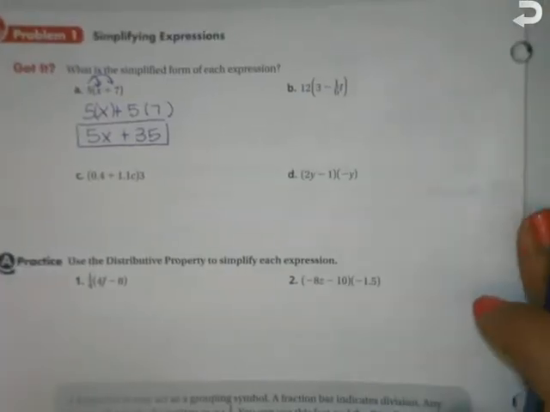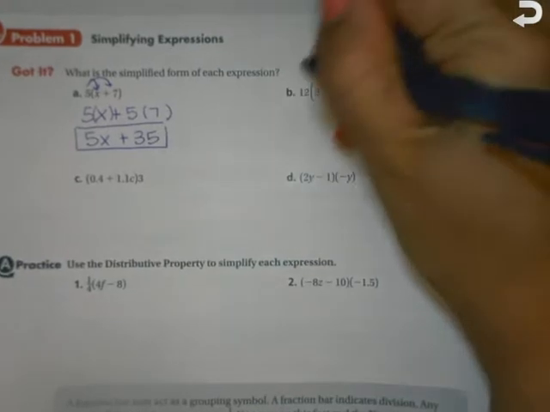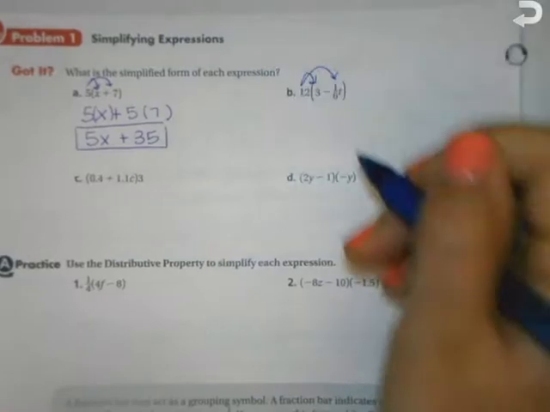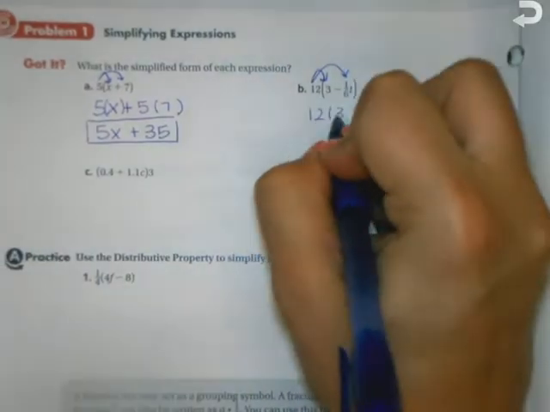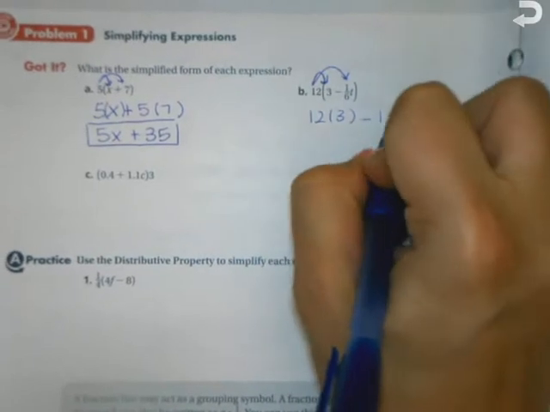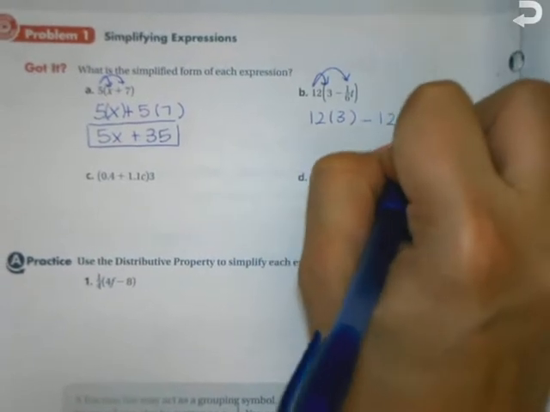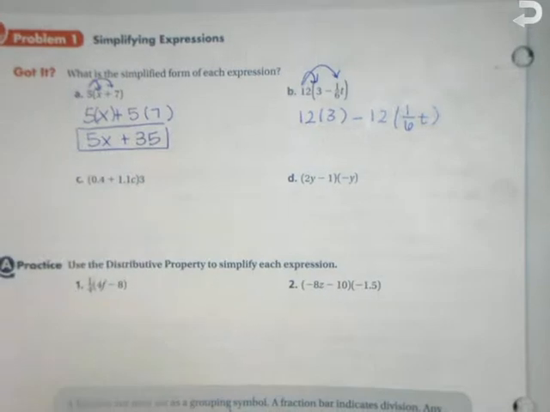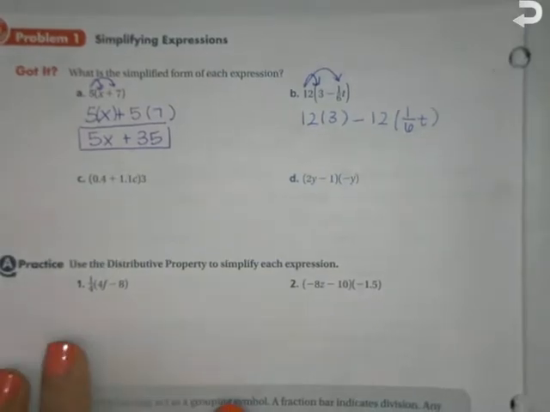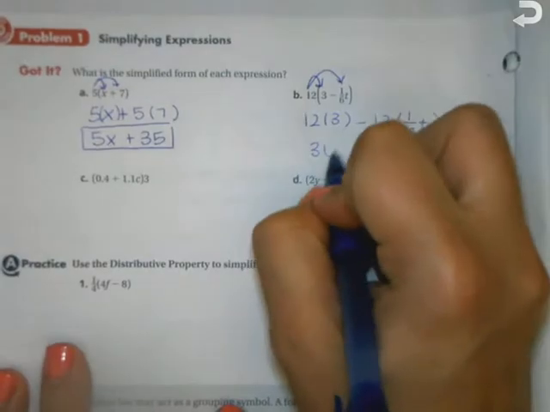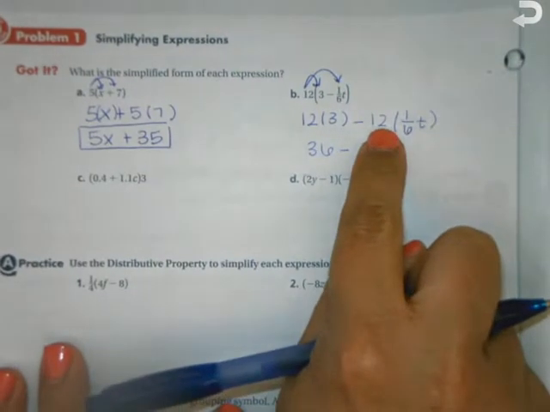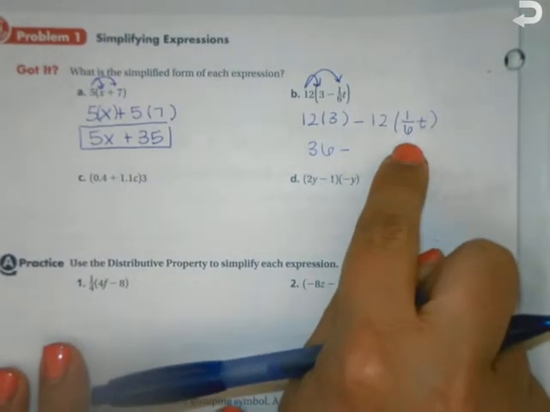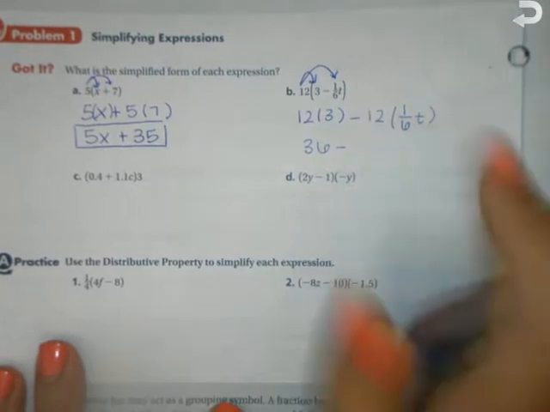Okay, part B was a little trickier. You distribute the 12, and that gives you 12 times 3 minus 12 times 1/6t. So all of you should have been able to get to there. 12 times 3 gives me 36 minus, okay, what's 12 times 1/6? 12/6, which reduces to? 2.